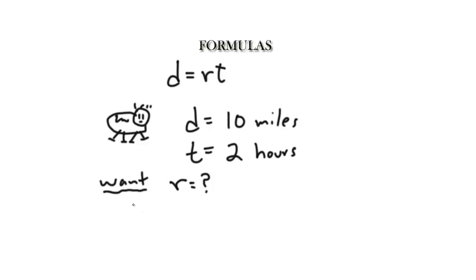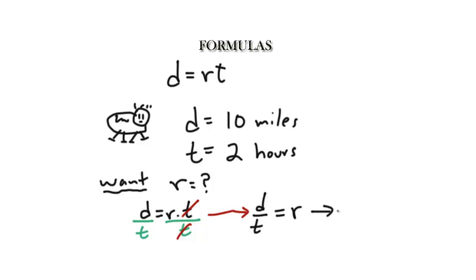So let's rewrite our formula one more time down here. D equals r times t. Okay, so I want to solve for the letter r to get r by itself, right? So we're going to divide both sides by t. Okay, so after I do that, this t and this t, they cancel, so you're left with d over t on the left, and it's equal to the average speed, right?